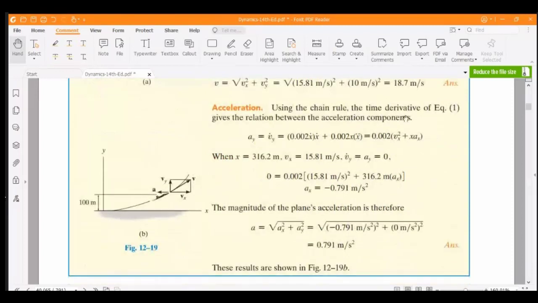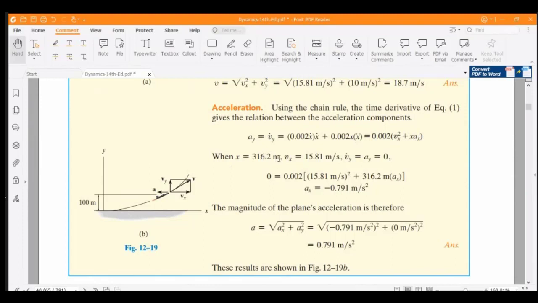So using the chain rule, the time derivative of equation 1 gives the relation between the acceleration components. So ay equals vy dot, meaning we will derive again. So as previously, x dot and x will come and it will look like this.